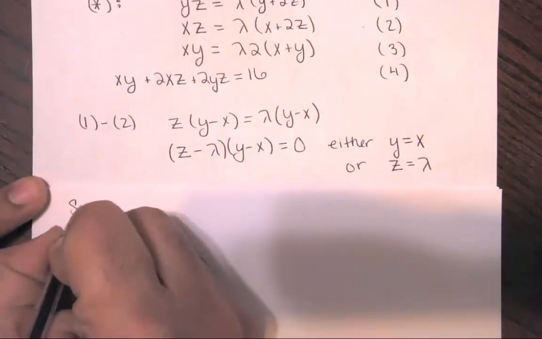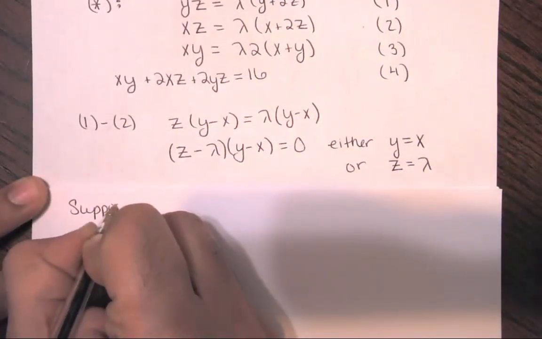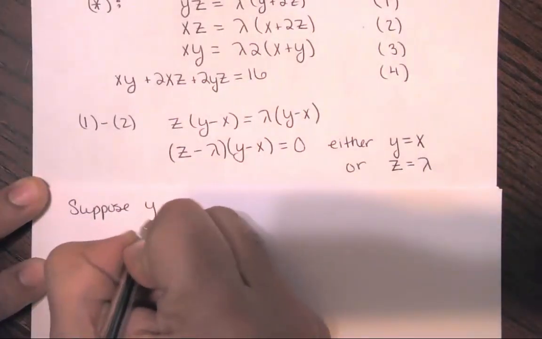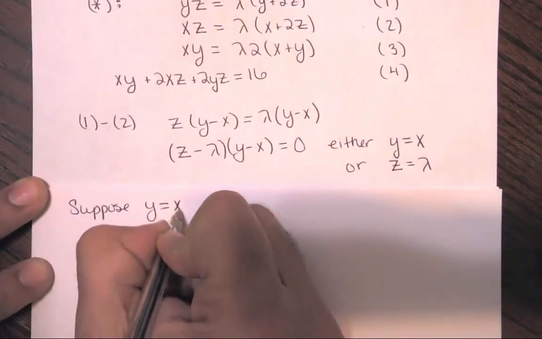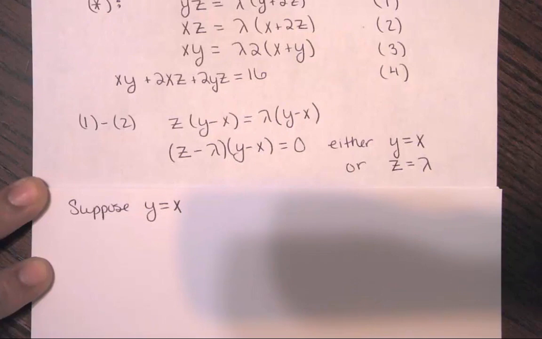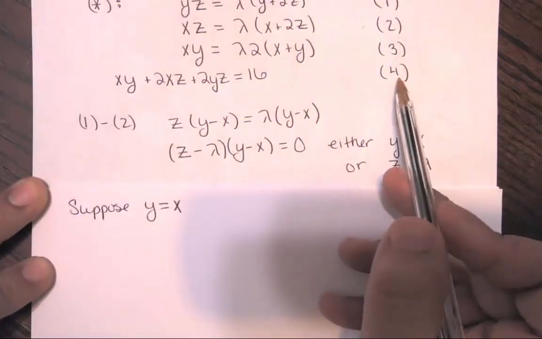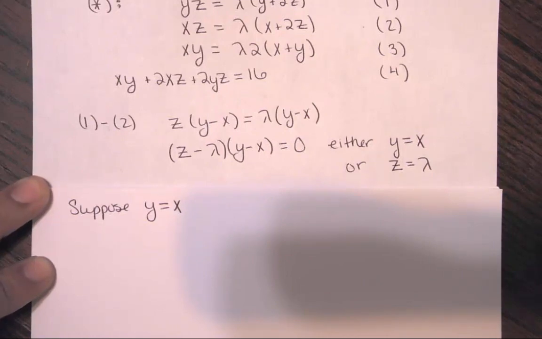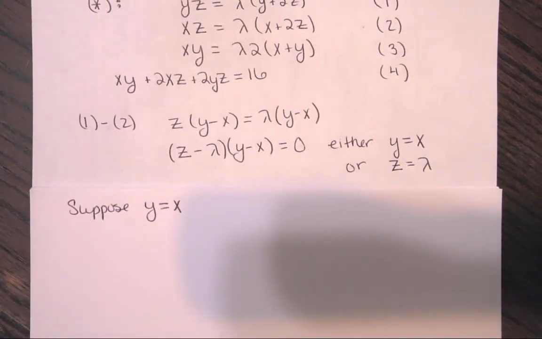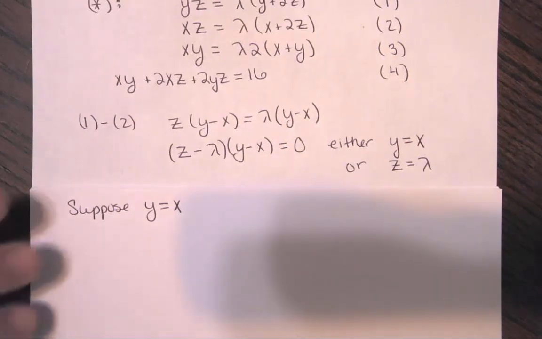Suppose y equals x. Well, then I could make this substitution into these 4 equations and get a new set of equations with fewer unknowns. And of course, we want to reduce the unknowns, just as a general rule of life.